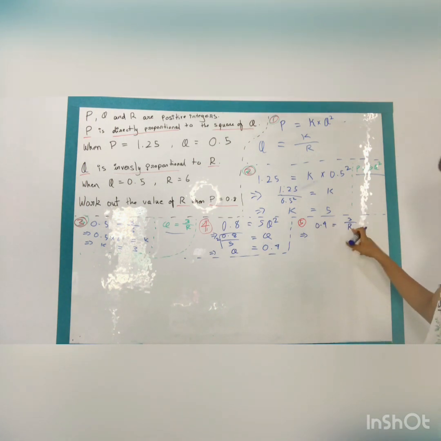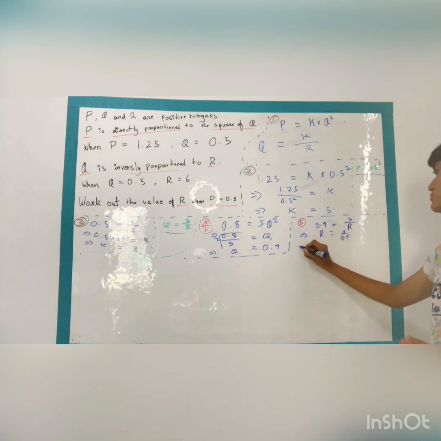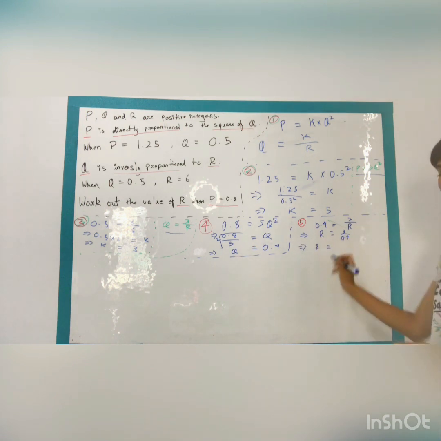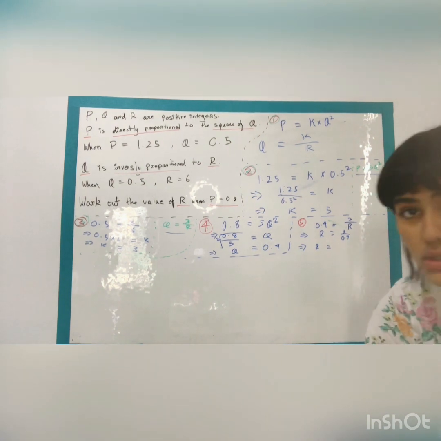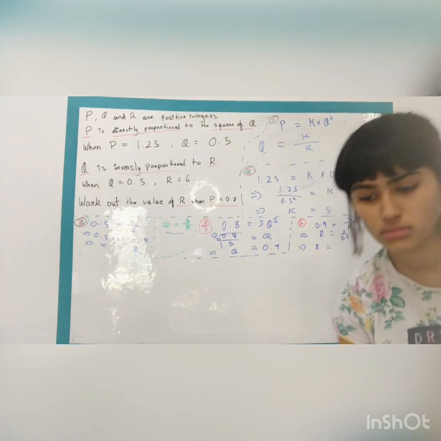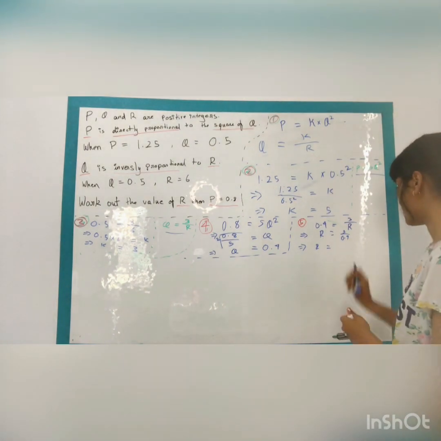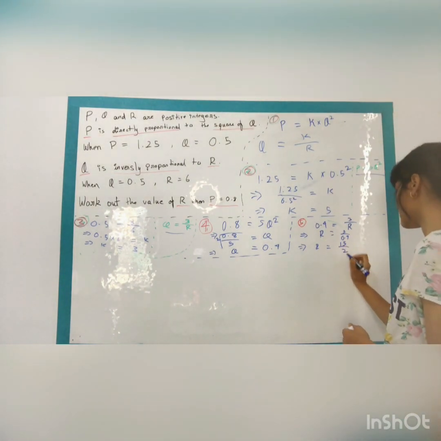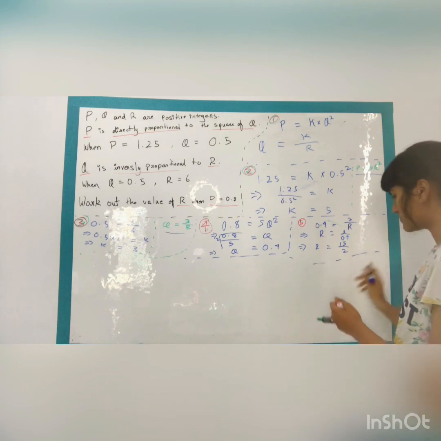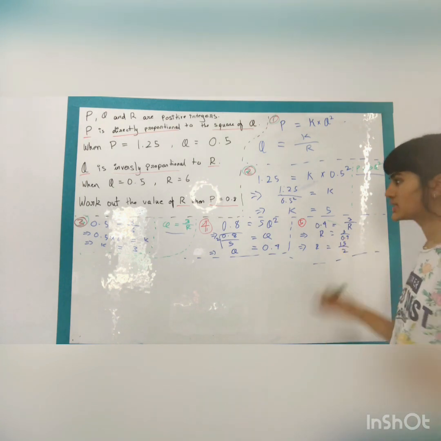We're going to bring this down and bring this up, so we get cross multiplication. Swap these two. We get 3 divided by 0.4. These are not pretty numbers. There you go, and it's that easy. Five steps, five marks.